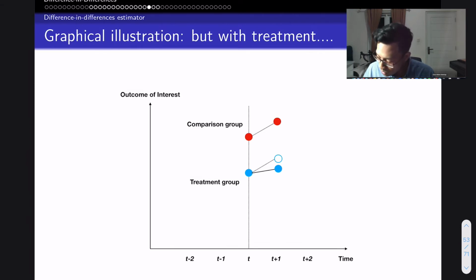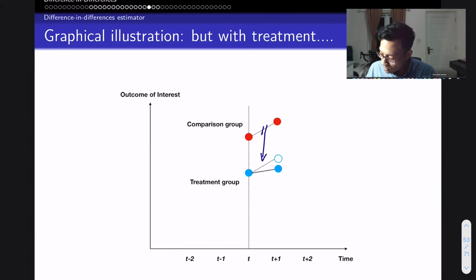What we want to do here is bring this estimated increase in the outcome for the comparison group and use that as a counterfactual for the treatment group. So the counterfactual is, suppose that there were no treatment, then the outcome for the treatment group is going to trend the same magnitude as the comparison group.